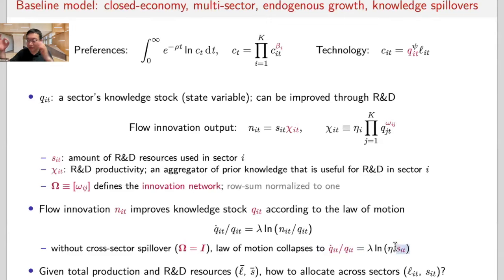But in general, with cross-sector spillovers, the growth rate of knowledge in a sector depends not only on R&D in that sector, but also on the relative stock of knowledge in all other sectors. And the key question is, given a stock of production and R&D resources, where we allocate production resources to produce and R&D resources to do R&D, how should society optimally allocate across sectors? That's the abstract question we're trying to answer.